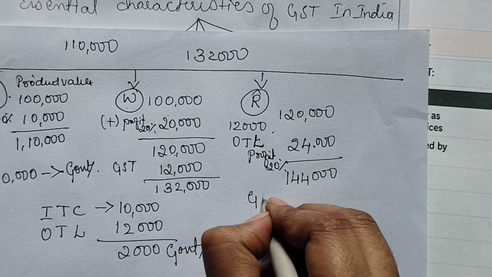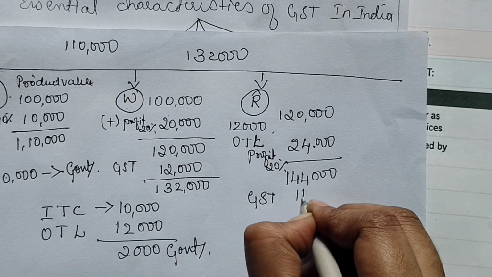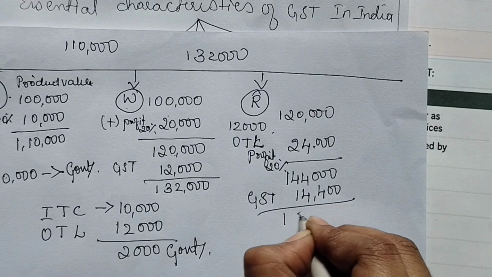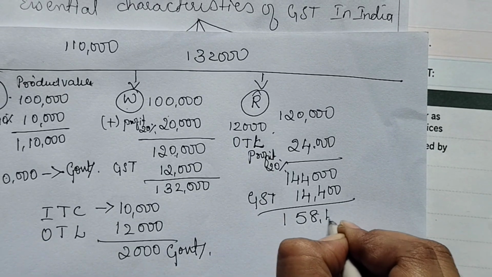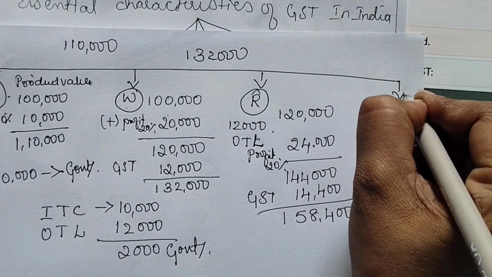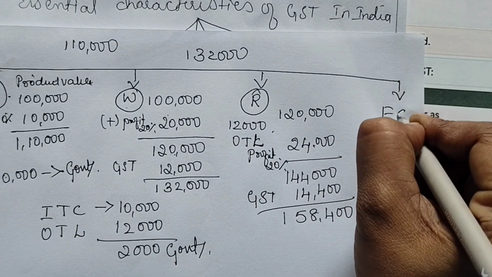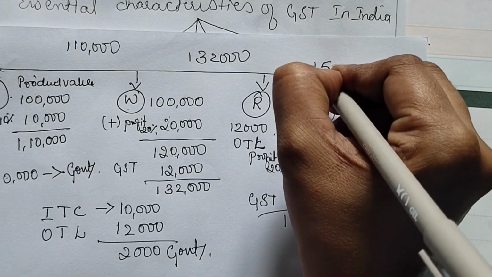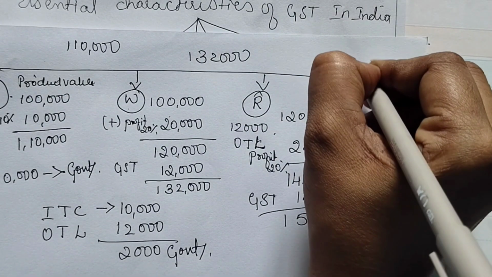On 1 lakh 44,000, GST will be 14,400. The total is 1 lakh 58,400. The retailer is selling it to the final consumer.